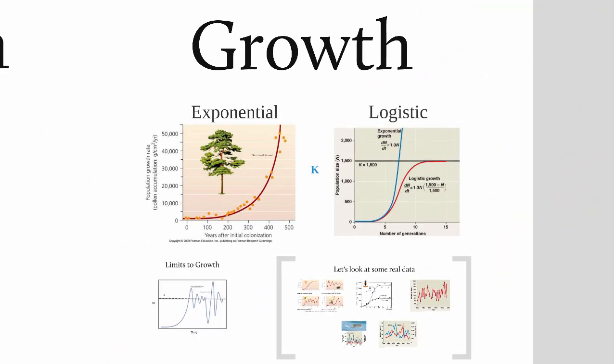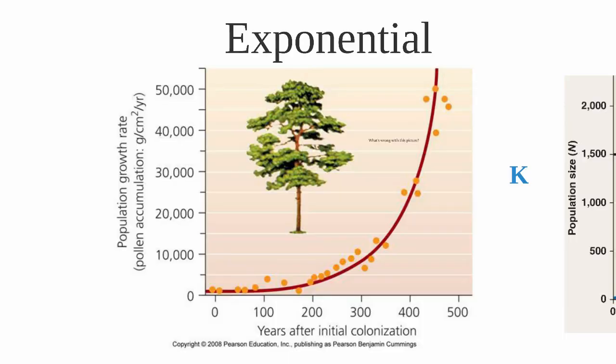Now, another thing that population ecologists study is growth. The growth pattern that's illustrated here is called exponential growth. And on the side of the screen, you can see the equation for the rate of growth.